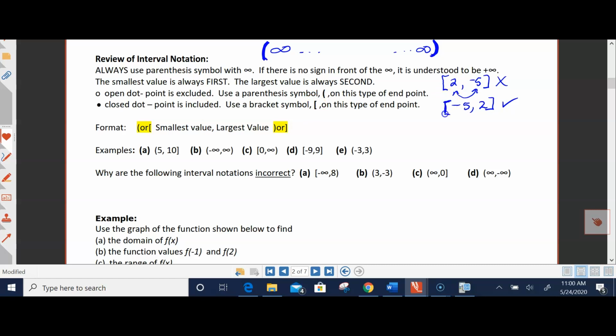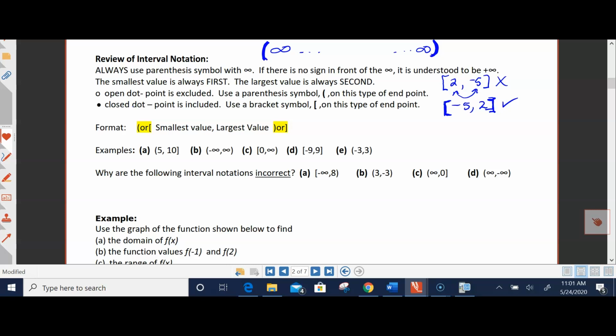Like you see over here, a bracket and a bracket, that means the -5 and the 2 are both included, and so there would have been a closed dot on those points on our graph.